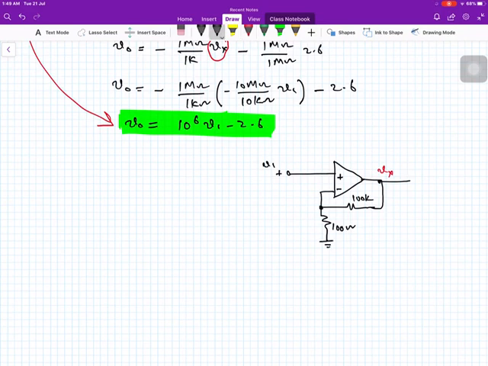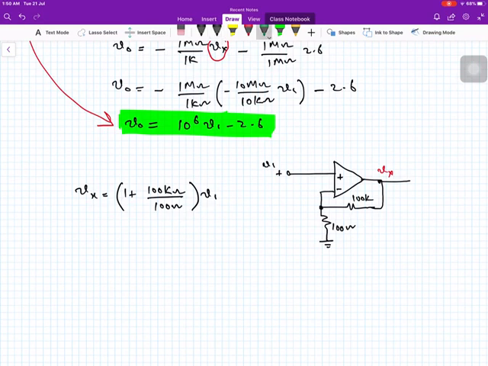And as you know, this is a non-inverting amplifier, and you know from my previous lectures that this is equal to 1 plus 100 kilo ohm divided by 100 ohm, multiplied by V1. I have discussed this circuit before.